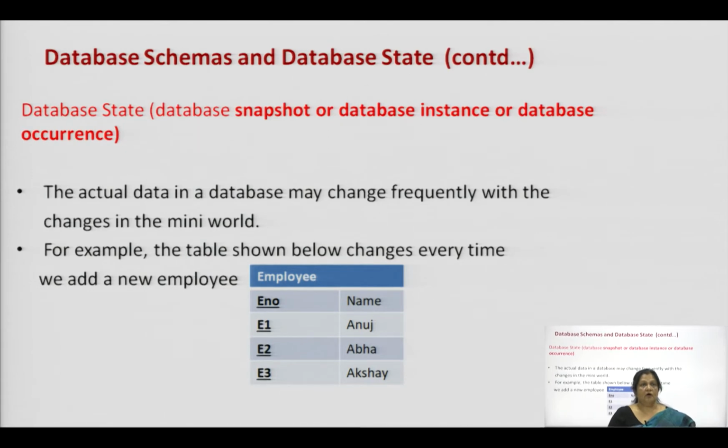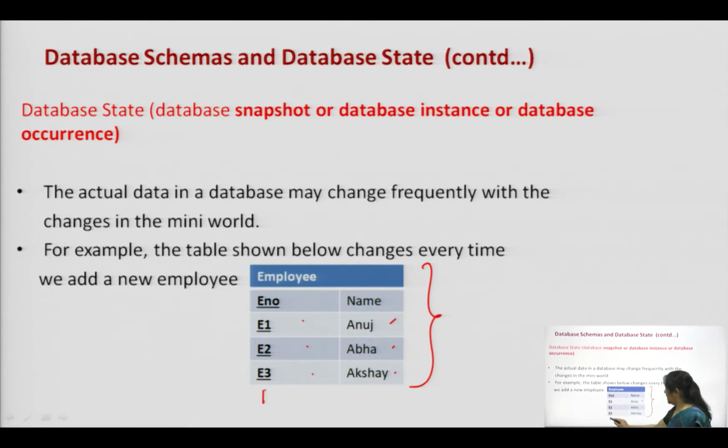Now, when I talk of the database state, whenever the schema for a database is populated, means it is filled with data, then it is called the state of a database. And the state for a database will change frequently with the changes in the mini world. What does that mean? I have a state of a database at any point of time with 3 employees over here, E1, E2 and E3, and the names of the 3 employees.